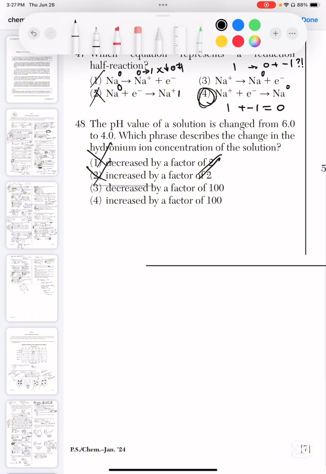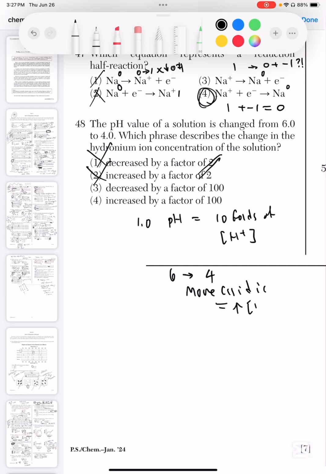So a change of 1.0 on the pH scale is a 10-fold change in concentration of hydronium. So 6 to 4, more acidic, increased.